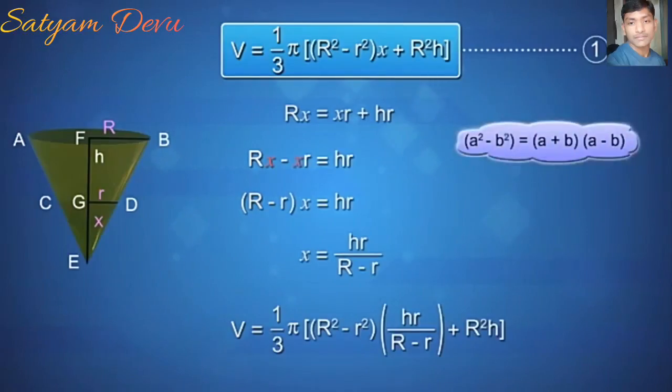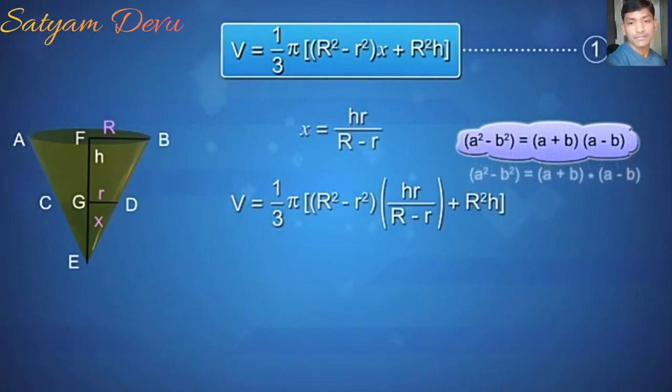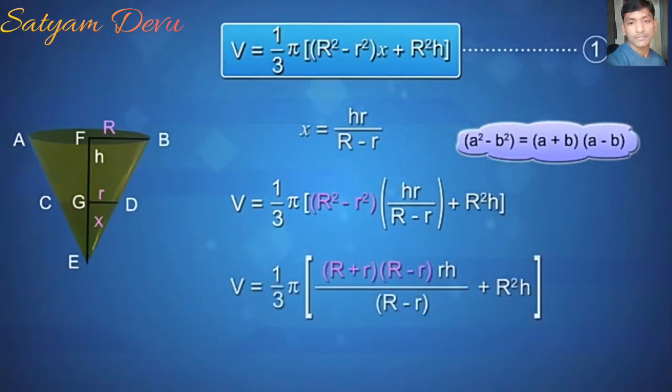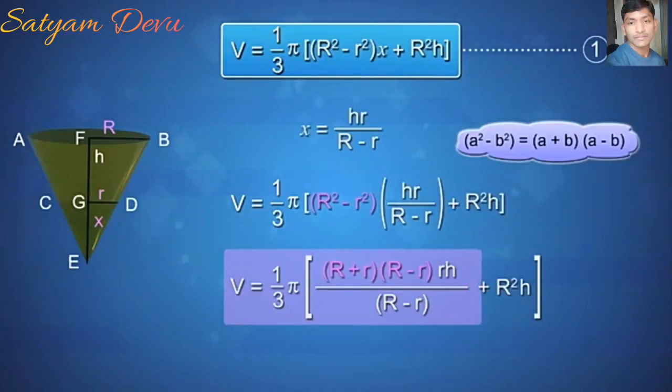We know that A square minus B square is equal to A plus B into A minus B. Using this formula, expand the term capital R square minus small r square. So we get V is equal to 1 by 3 pi into capital R plus small r into capital R minus small r into h by capital R minus small r plus capital R square h.